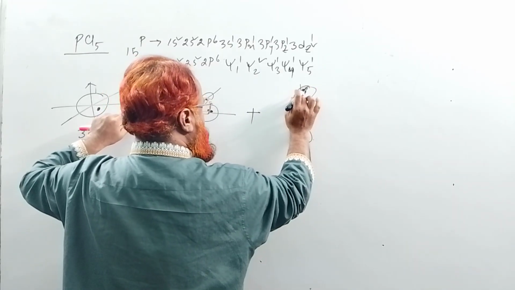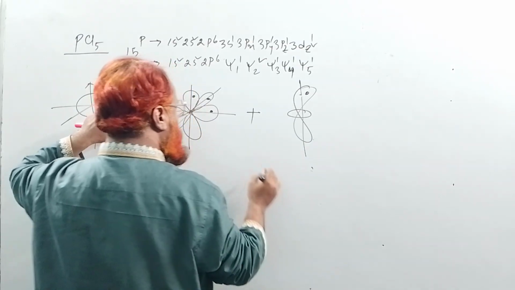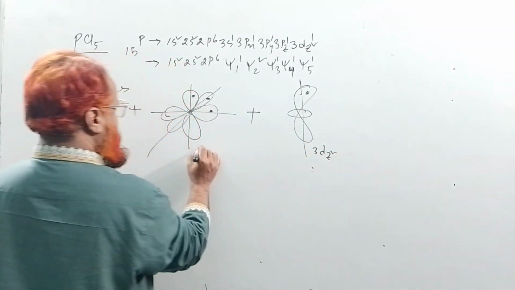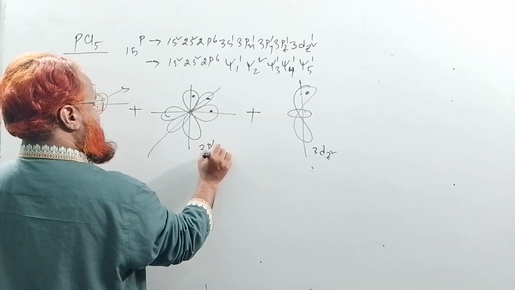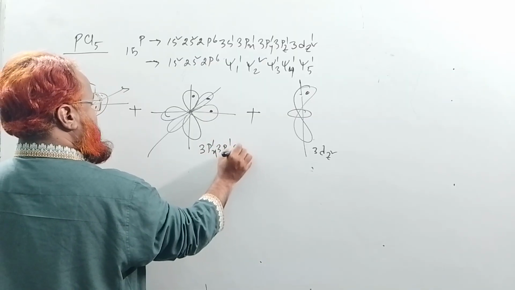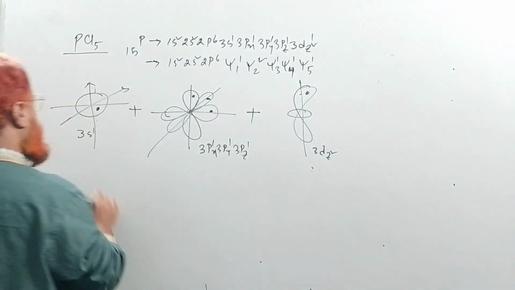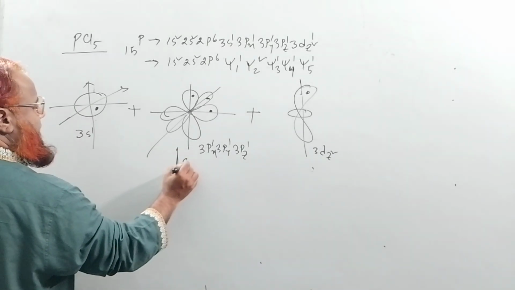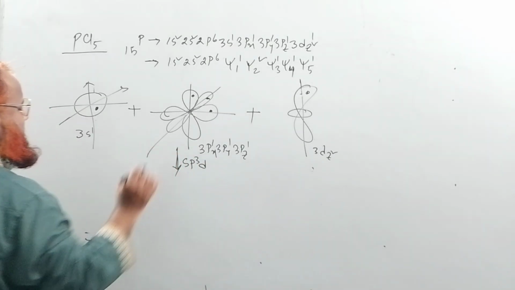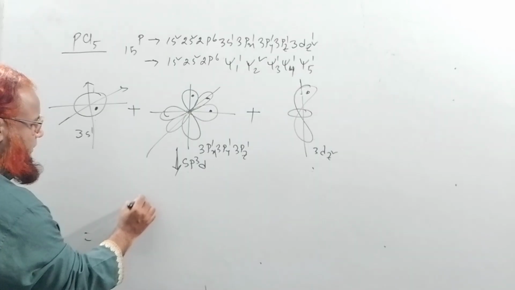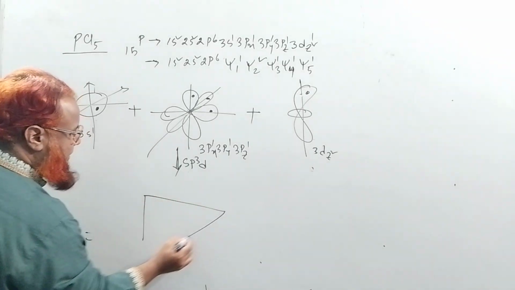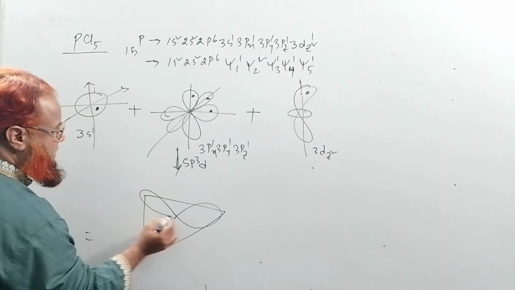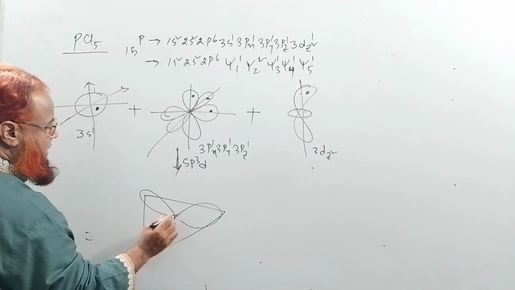Now 3dz square, 3px1, 3py1, 3pz1 and 3s1, and they will make what? sp3d hybridization process. Now we will get 5 sp3d hybrid orbitals, 1, 2 and 3.